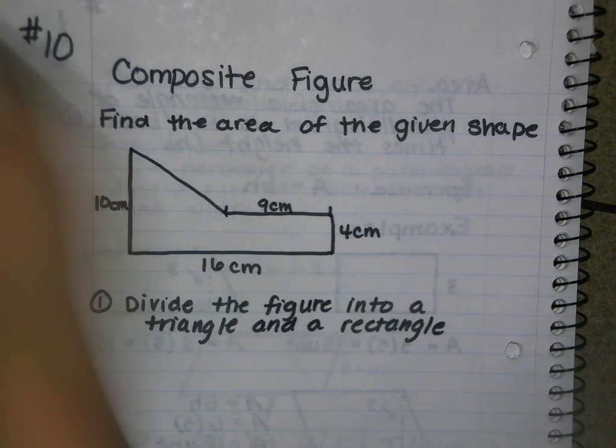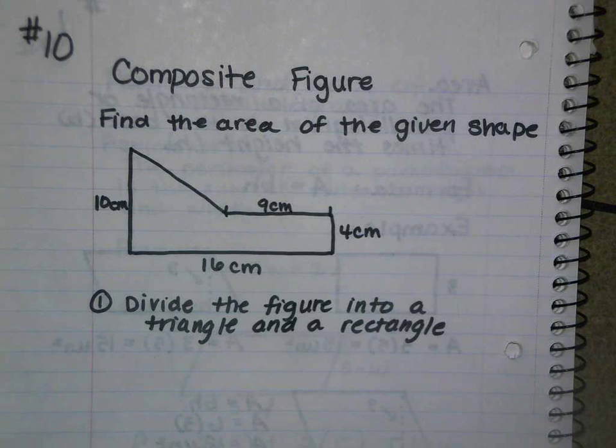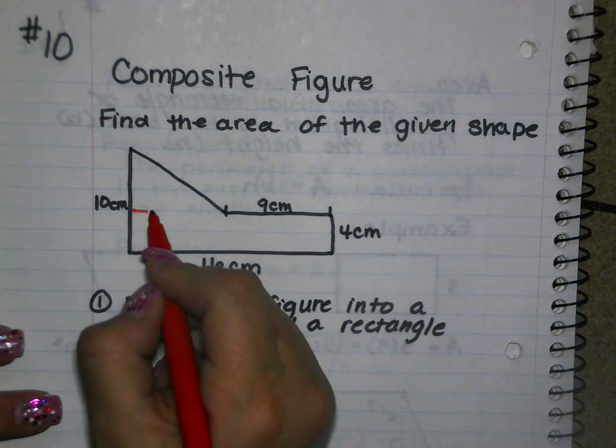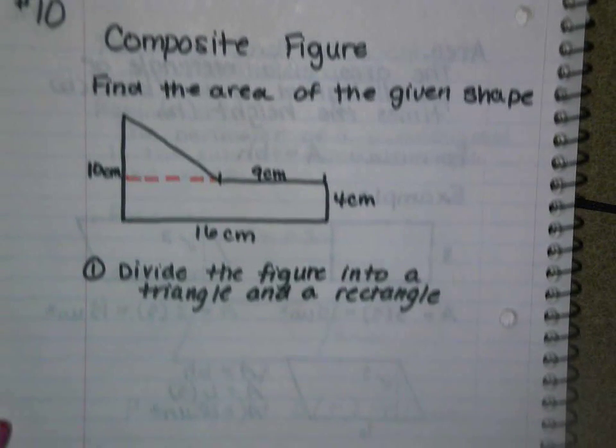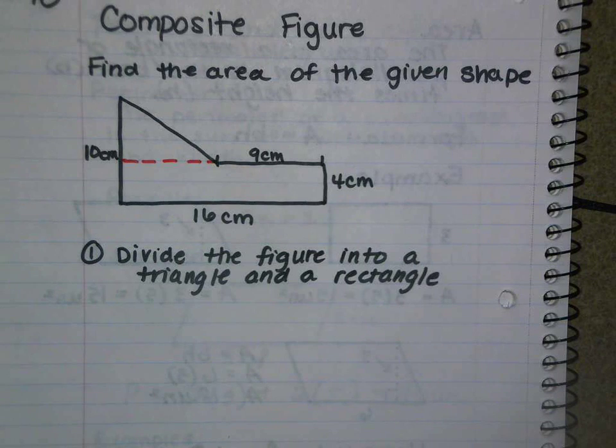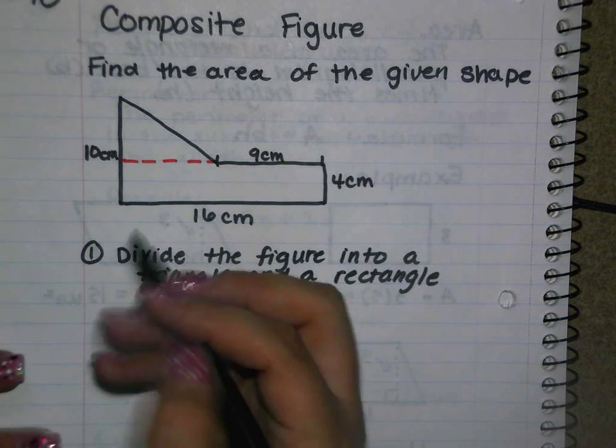And I'm going to do that by using a dotted line to show you where I would be dividing those up. So I'm going to just go here, and that is going to be the triangle on the top and the rectangle on the bottom.